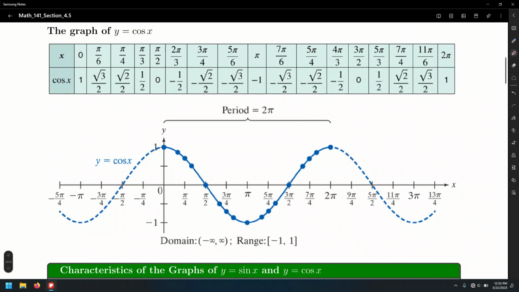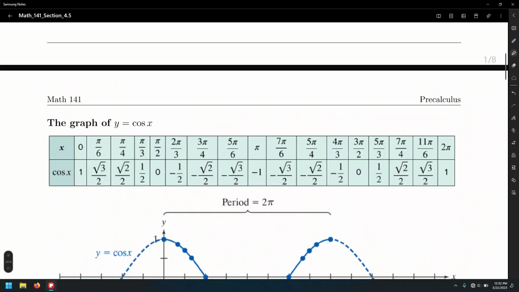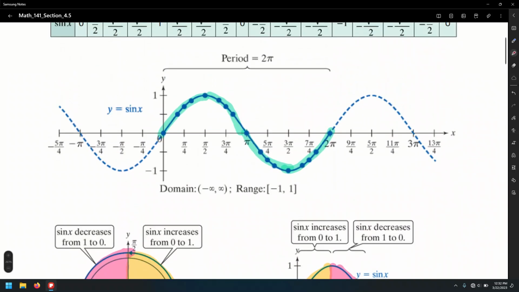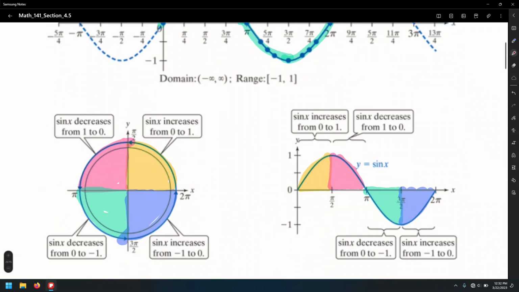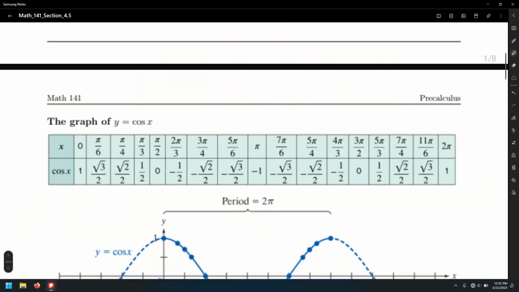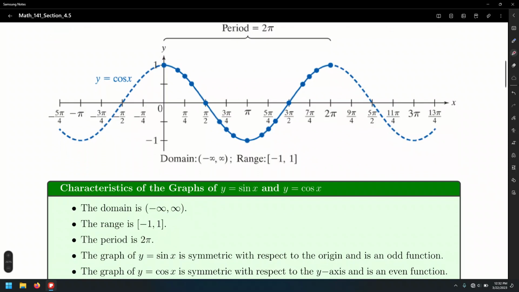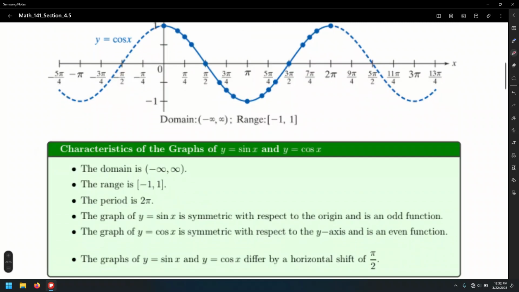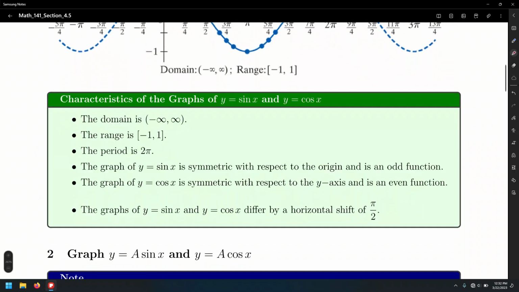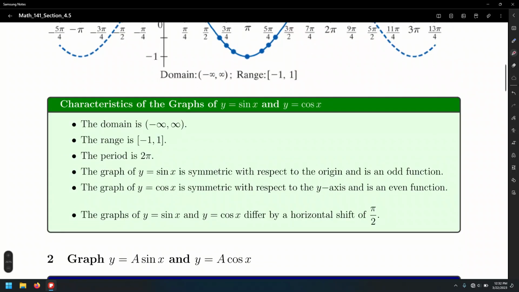All right? And well, let's talk about the domain and the range. Well, the domain is negative infinity to positive infinity, and the range is negative 1 to 1 for both. Of course, when we get to the tangent and cotangent, the remaining trigonometric functions, that's going to change a little bit, right?